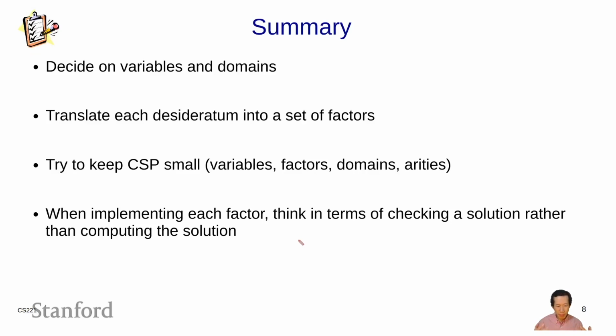This is really important, and it takes a little getting used to because CSPs require a fundamentally different mindset than normal procedural programming, which is most salient in the program verification example. But hopefully after a bit of practice, you'll get used to thinking in terms of CSPs, and it'll become more second nature. All right, so that's the end of this module.